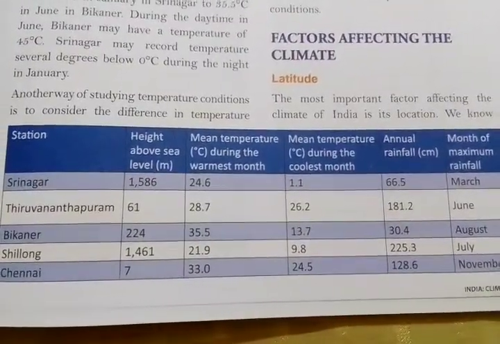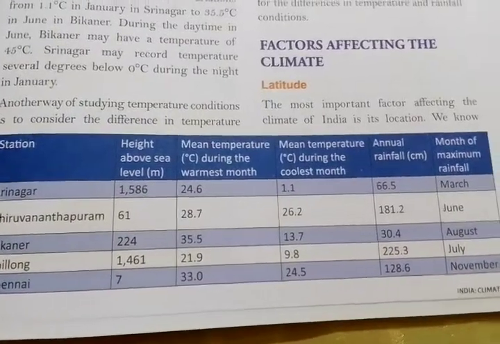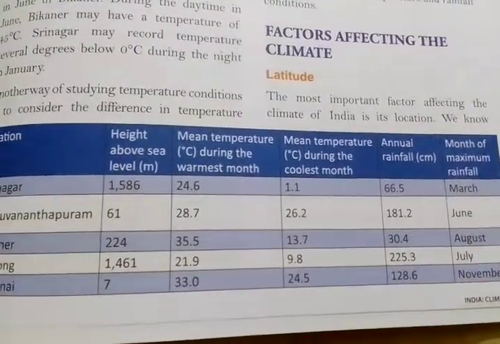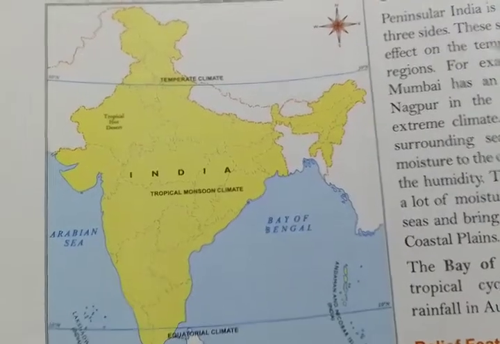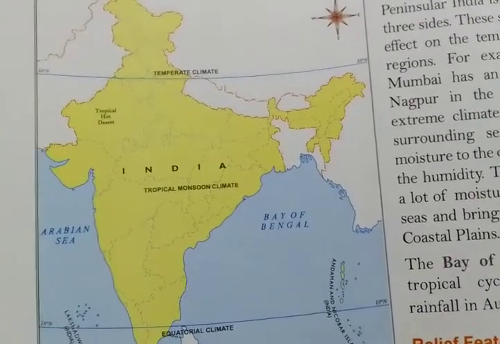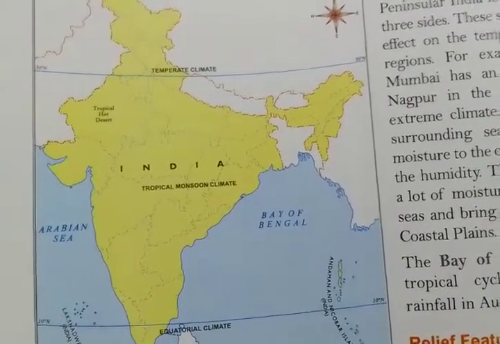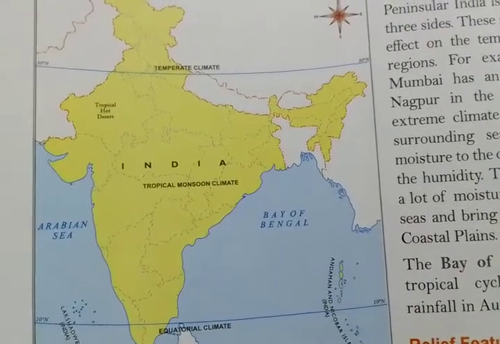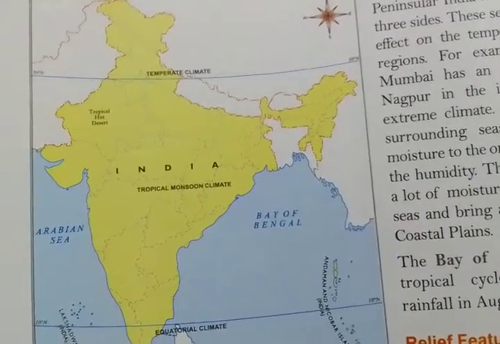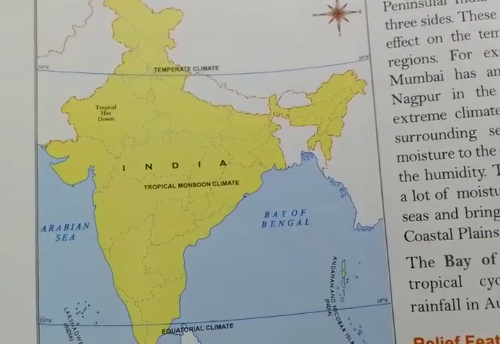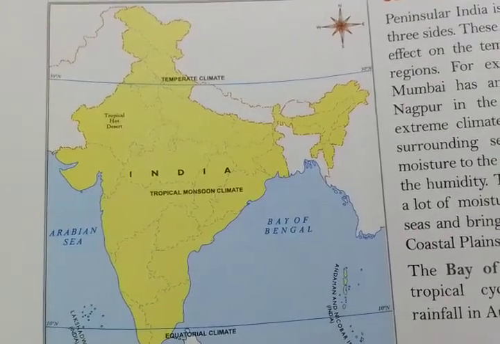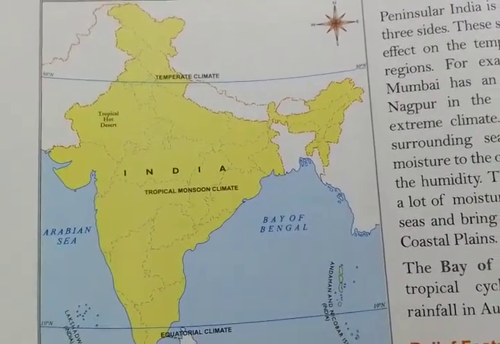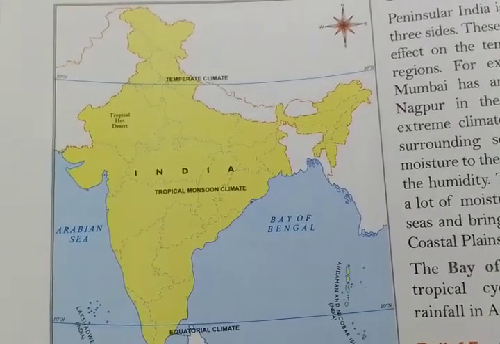So, what are the factors which affect the climate? Firstly, latitude. Climate of a region depends on how close or far the region is from the equator. We know that temperature decreases as we move away from the equator. You know that the Tropic of Cancer passes through the middle of India.